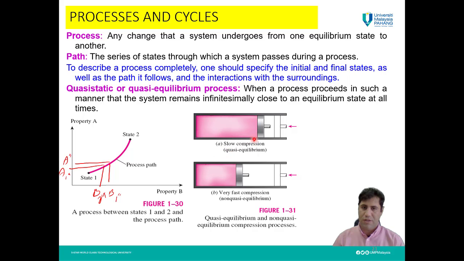In other words, we imagine this cylinder and piston, and we are going to use force to push this piston. We have two options: push it very fast, a fast compression, so the pressure and the properties of the system will be changing during this process.